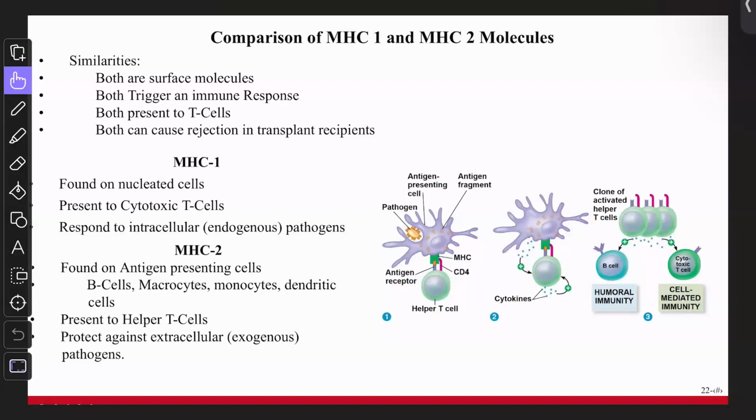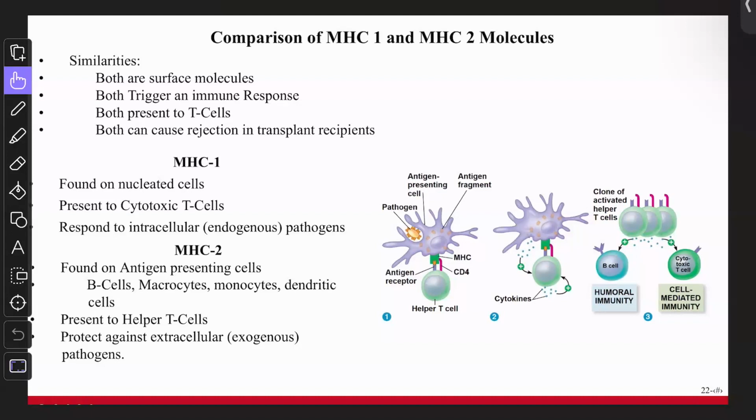This is one of the reasons why transplant recipients are given immunosuppressants, because the body is constantly registering that transplanted organ as something that doesn't belong there. And so the antigen presenting cells keep trying to present it. And so we have to suppress that urge, okay?